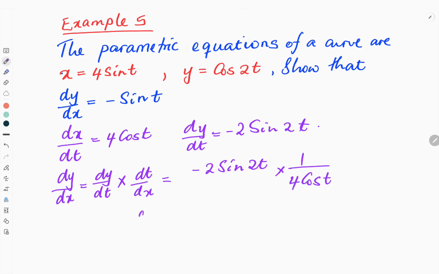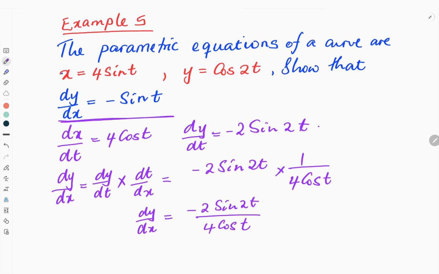And this can be simplified further. dy/dx is equal to negative 2 sine 2t divided by 4 cos t. However, we are asked to simplify this further to get minus sine t. So this can be simplified by applying the double angle of sine here, and that becomes negative 2 multiplied by 2 sine t cos t, bracket, divided by 4 cos t.